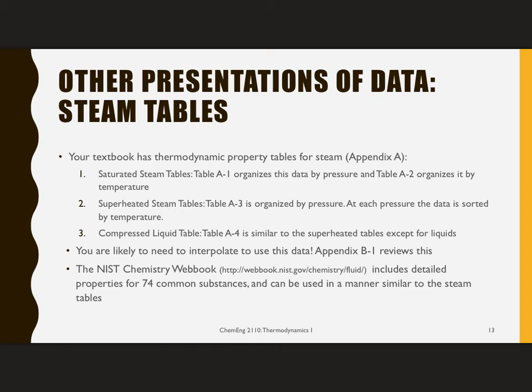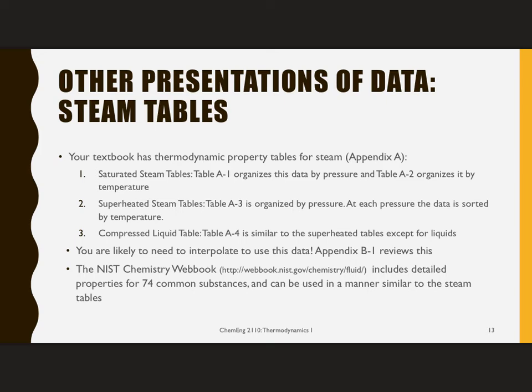But sometimes we would rather have our data presented as a table. And these tend to be generically called steam tables, even though it's not just for steam. Thermodynamic property tables is a more appropriate name. In our textbook, this is going to be found in Appendix A. The saturated steam tables come first in the organization.